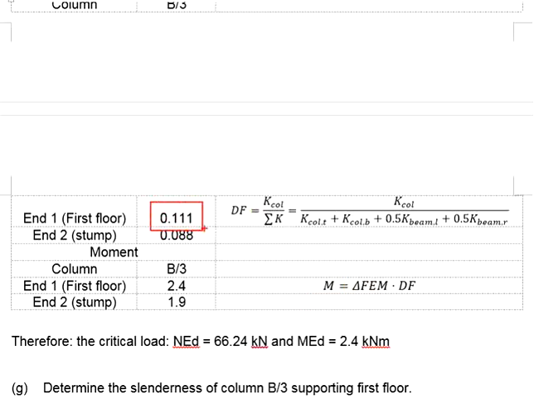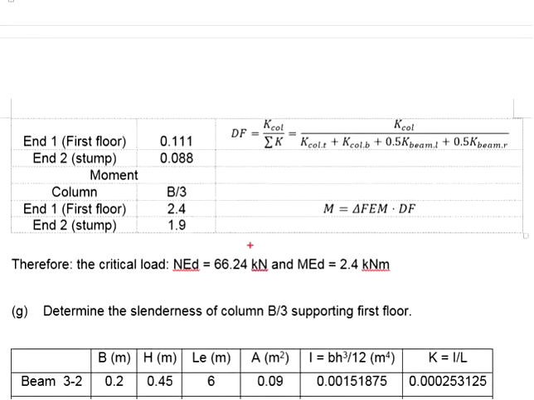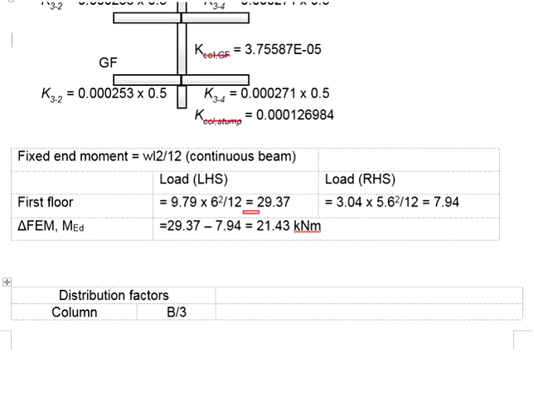Distribution factor 0.111, multiplied by the difference of 21.43. You get the moment acting onto the column, 2.4. And then take the distribution factor at N2, multiplied by the difference of the moment, 21.43.